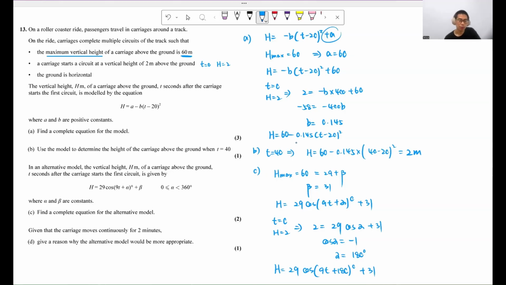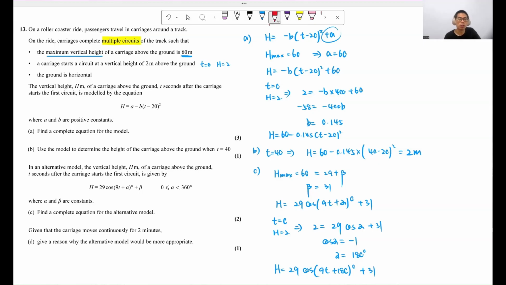Given that the carriage moves continuously for 2 minutes, part D, give a reason why the alternative model would be more appropriate. At the beginning it says carriages complete multiple circuits of the track.